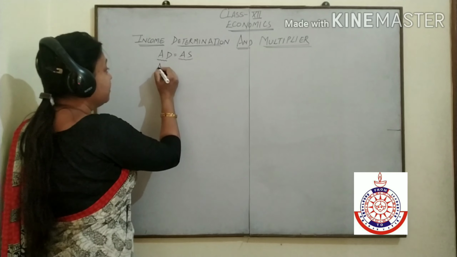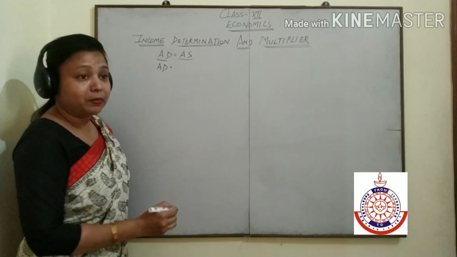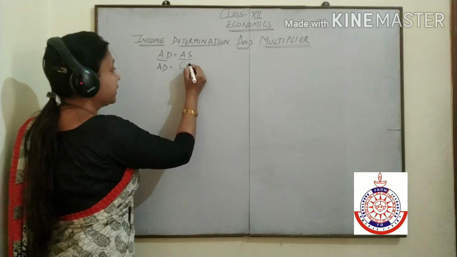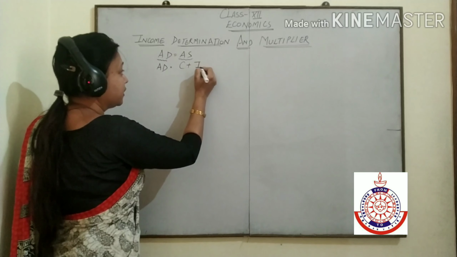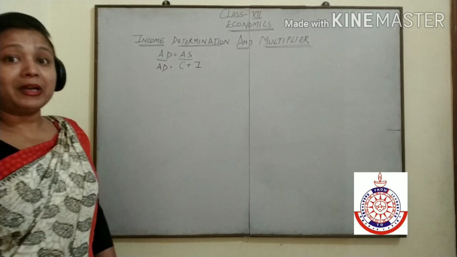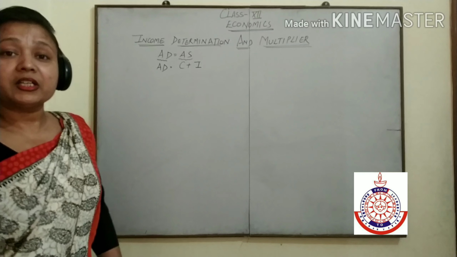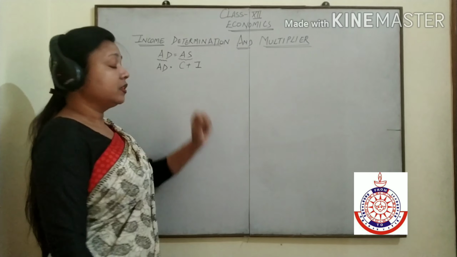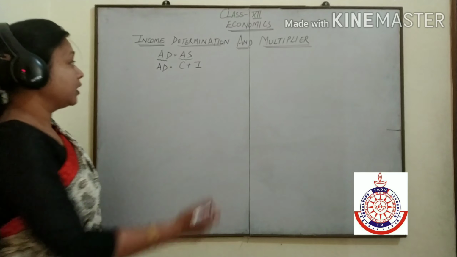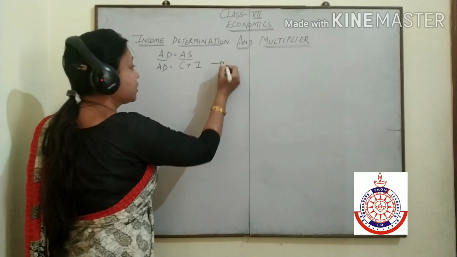Aggregate demand is done by the household sector and producer sector. The demand done by the household sector is called consumption, and the demand done by the producer sector is known as investment. AD is C plus I. This is our first equation.